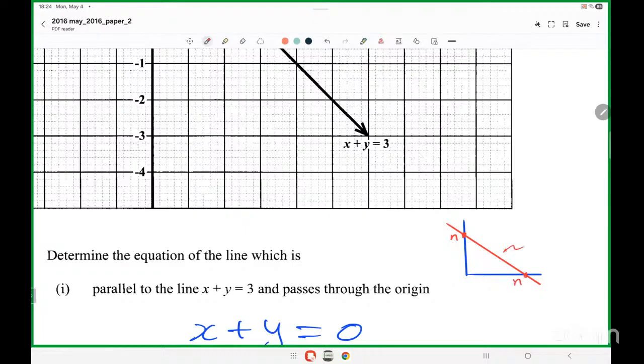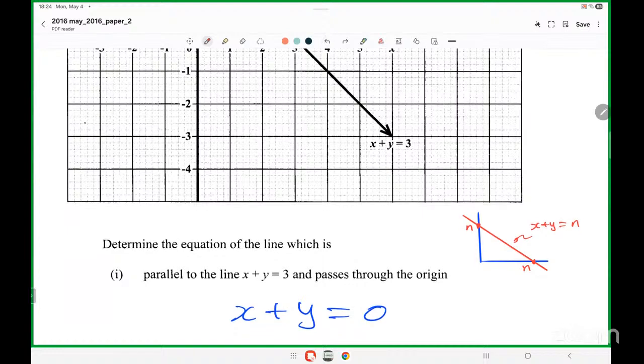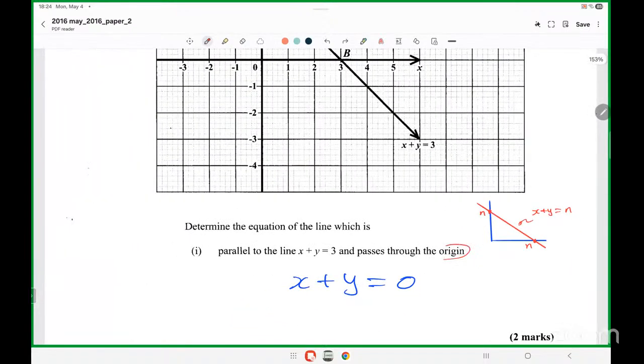Then this line is x plus y equals n. If you pass through the origin, then n equals 0. Understand? For this line, n is equal to 0, so it passes through the origin, and x plus y equals 0.